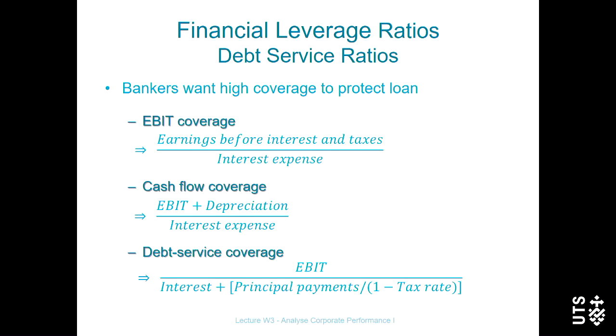So that debt service coverage is not only measuring whether the company has enough profit to pay interest, but also whether it has enough money to repay the principal. If you look at these two ratios for any company, your debt service coverage will always be lower than the other one, right? Because in the debt service coverage, you are including an additional cost, which is the principal repayment.